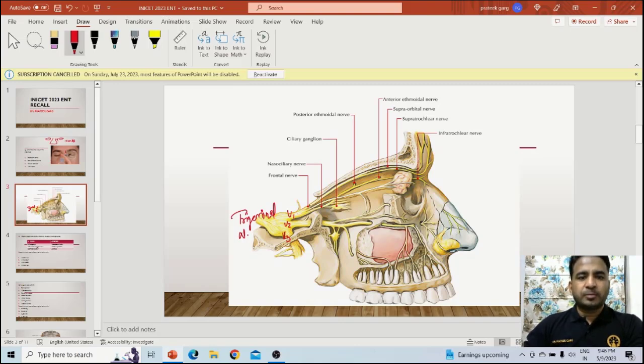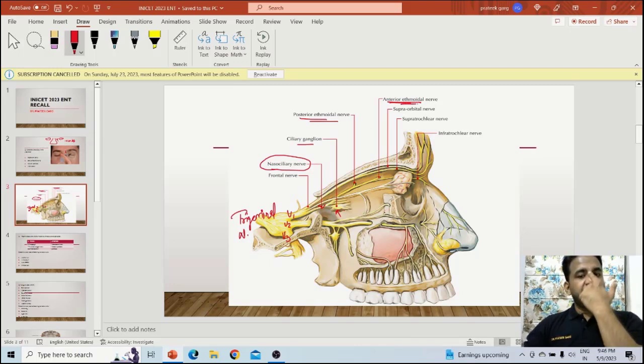From this ophthalmic division, one branch comes out, that is the nasociliary nerve. This further goes, giving multiple branches to the ciliary ganglion, shown here. Then it gives the first branch, the posterior ethmoidal, then continues ahead in the anterior part and gives a branch which is the anterior ethmoidal nerve.